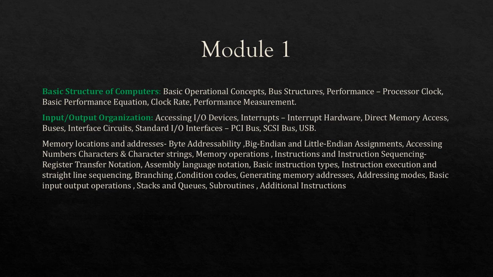Memory locations and addresses. Byte addressability, Big Endian and Little Endian assignments, accessing numbers, characters and character strings, different types of memory operations, instructions and instruction sequencing, what are register transfer notation, assembly language notation, basic instruction types, instruction execution and straight line sequencing, branching, condition codes, generating memory addresses, what are the different addressing modes, basic input-output organizations, what do you mean by stacks and queues, subroutines, and the additional instructions.